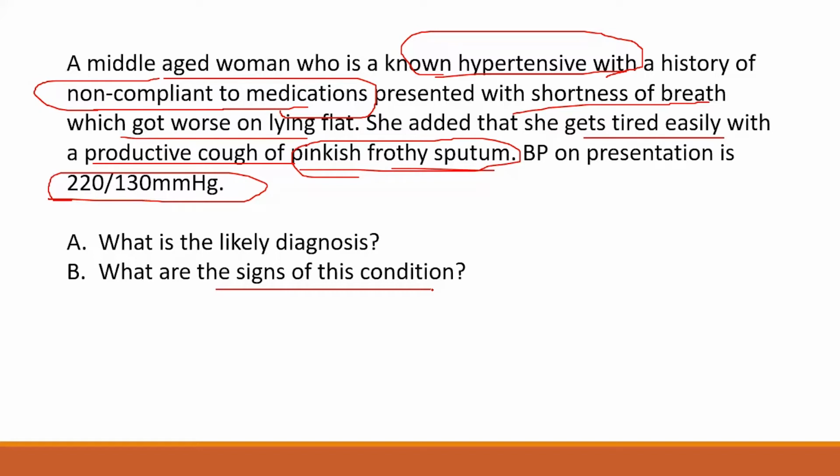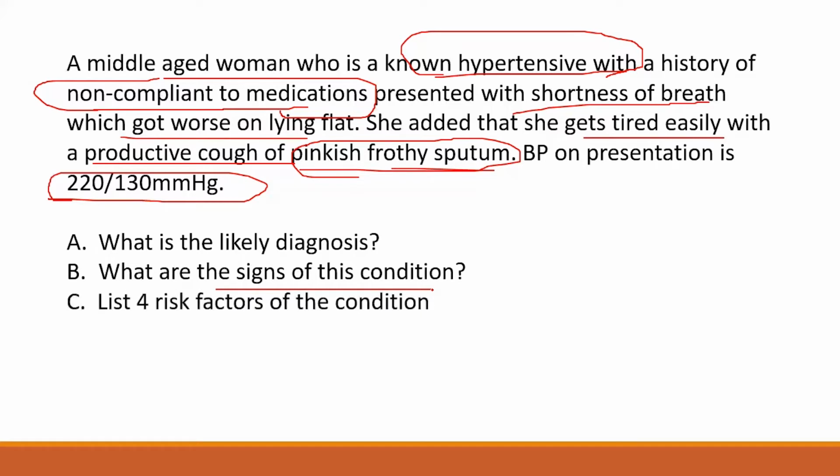Again, tachypnea, tachycardia, basal crepitations, gallop rhythm, displaced apex beat, cardiac murmur or the third sound, cyanosis, rhonchi. You can add a whole lot to this, and you will be absolutely correct. All right.